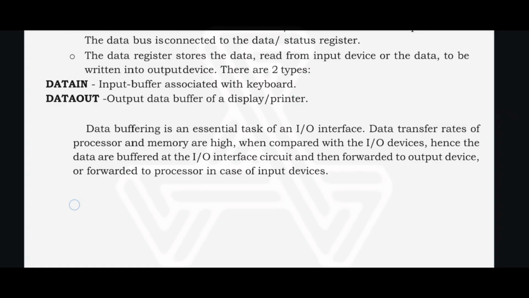Data transfer rates of the processor and memory are high when compared with the IO devices, hence the data are buffered at the IO interface circuit and then forwarded to the output device, or forwarded to the processor in case of input devices.